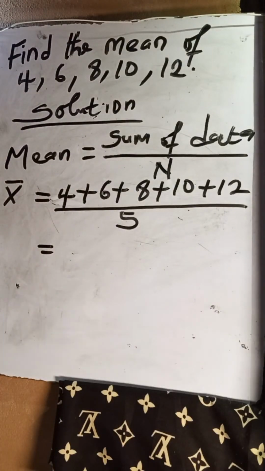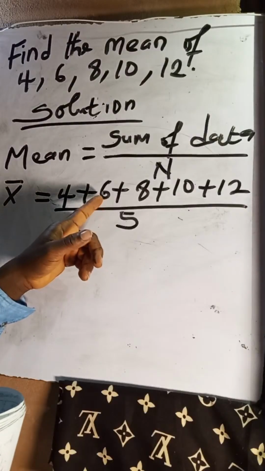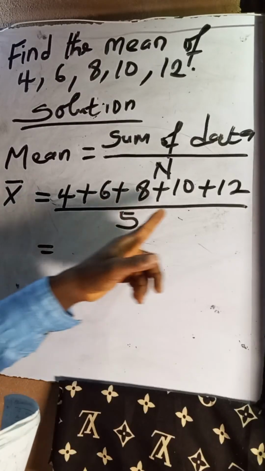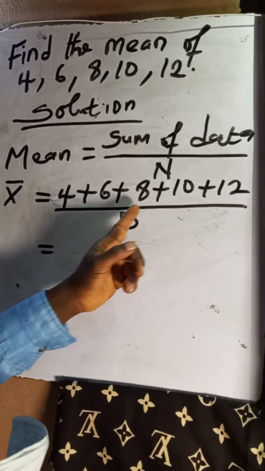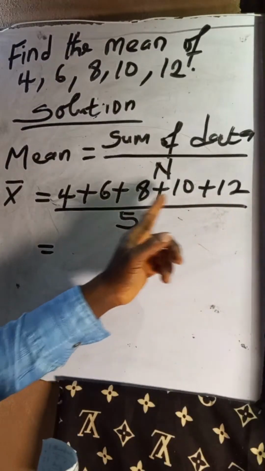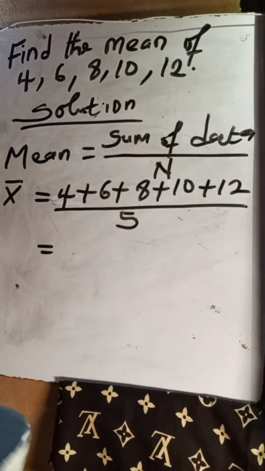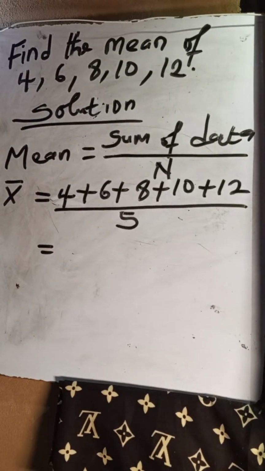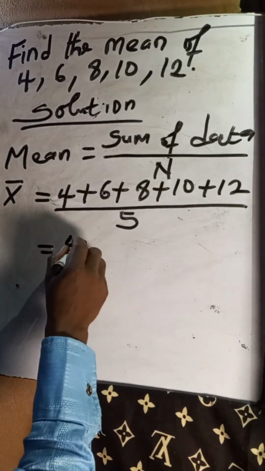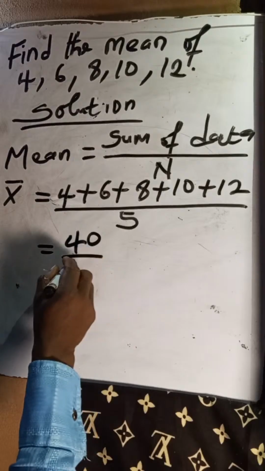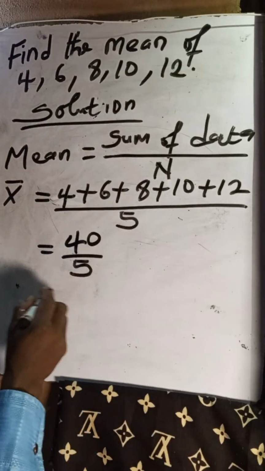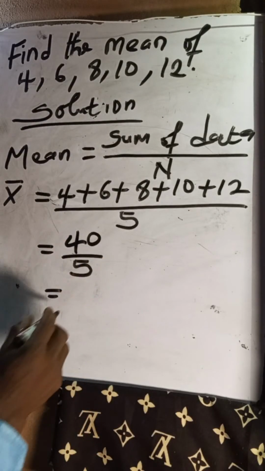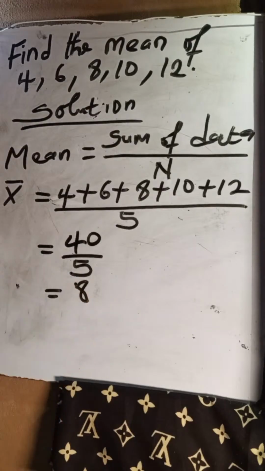Now we are going to add up. 4 plus 6 is 10. This is another 10, that's 20. Then 8 plus 12 is 20. So 20 plus 20 is 40. So that gives 40 divided by 5, and 40 divided by 5 is 8.